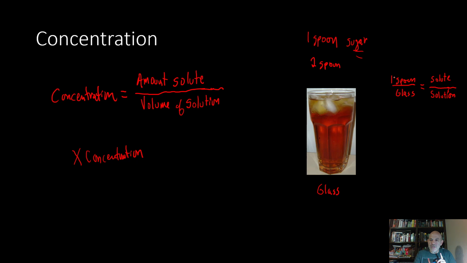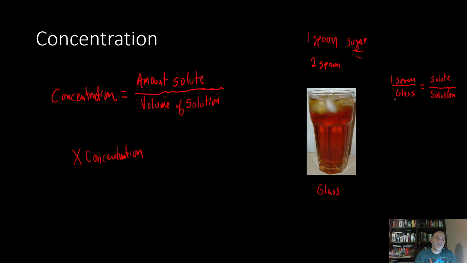So I put 2 spoons in there, it's still 1 glass. What's happened to the concentration? I mean, the answer would be, well, it's now 2 spoons per glass, which is twice as much as 1 spoon per glass. So at any time you double the solute, you're going to double the concentration.